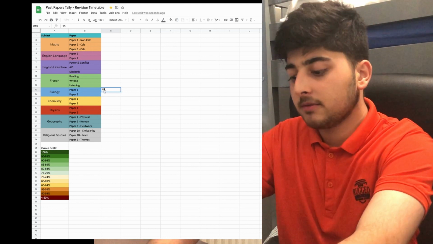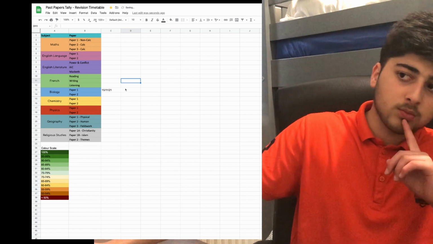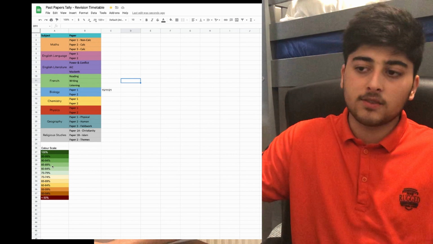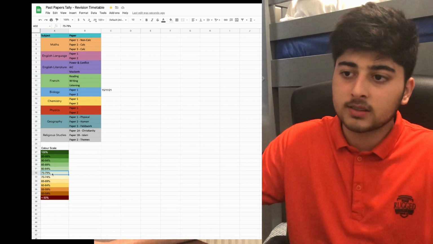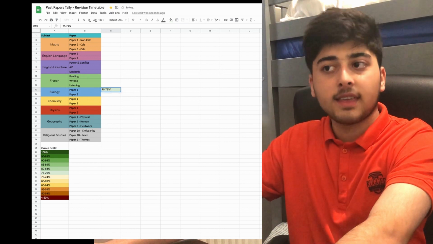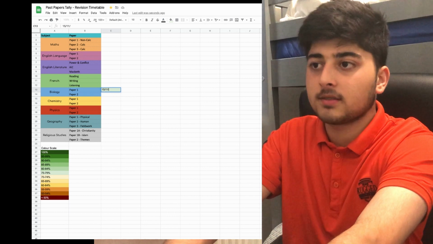So I'd write in 15, 11, 21, and then, no, I wouldn't do that. I'd first see, okay, 15 over 20 is 75%, so it would fall under this category. I'd copy that, I'd put that in its space, and then I'd add in my 15, 11, 21.